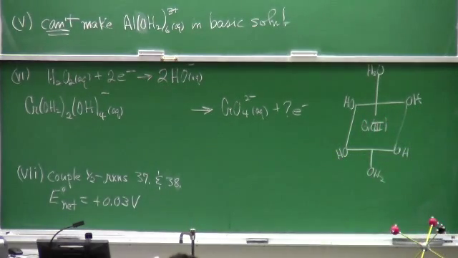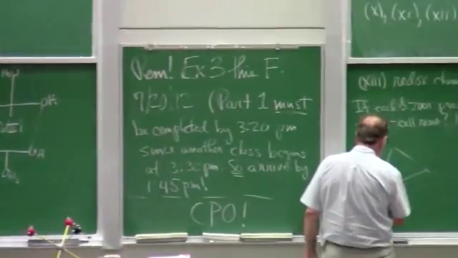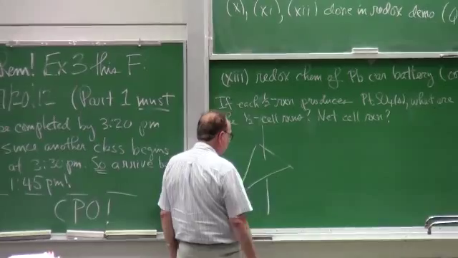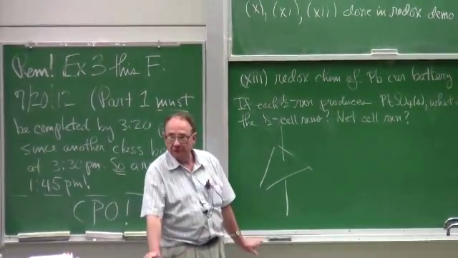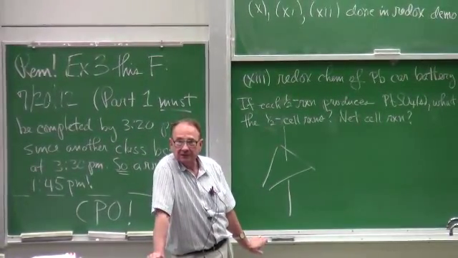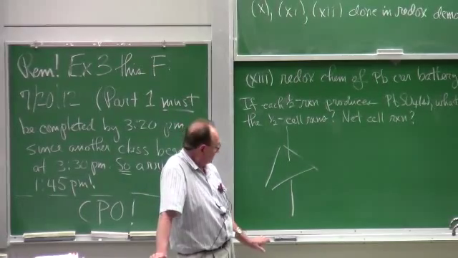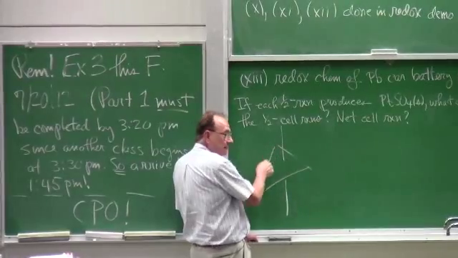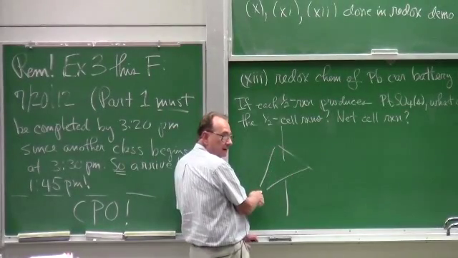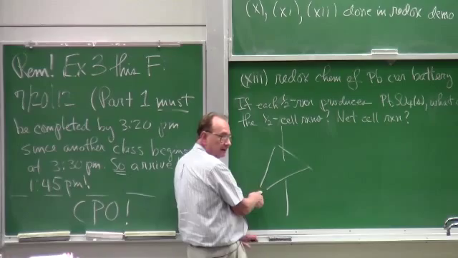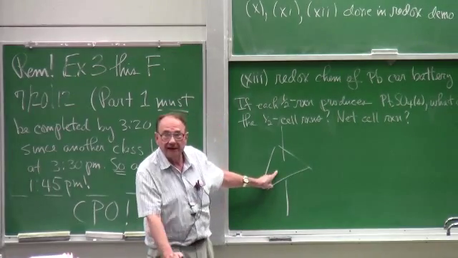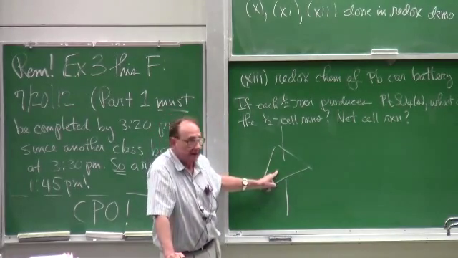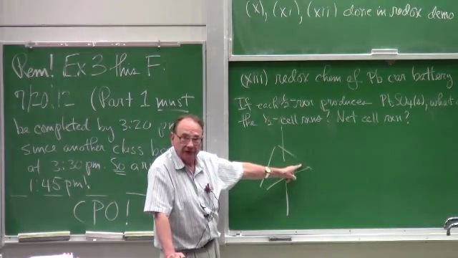How many? You draw pictures like this of trigonal bipyramids? For the in-plane species, where this is a canted triangle, because this is not in the plane of the drawing surface.